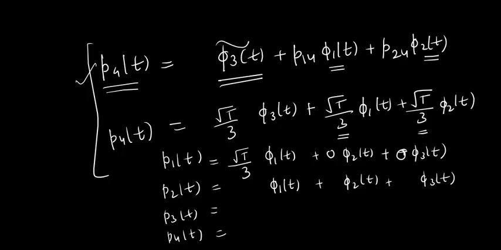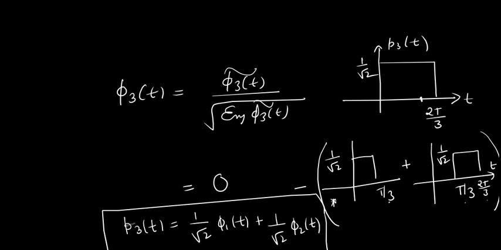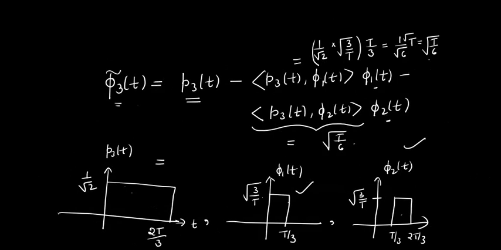And these are the scalar products of p2 with phi 1, p2 with phi 2, p2 with phi 3. So how much phi 1 is in this? 0. How much phi 2? Yes, correct. Now p3. Yes, and that combination: p3(t) is this much of phi 1(t), this much of phi 2(t), right?